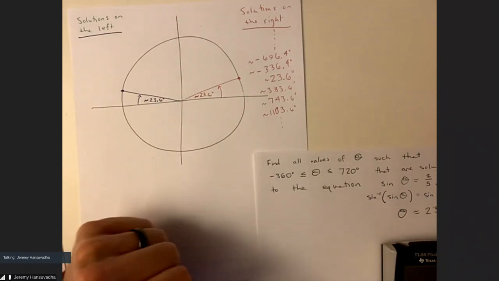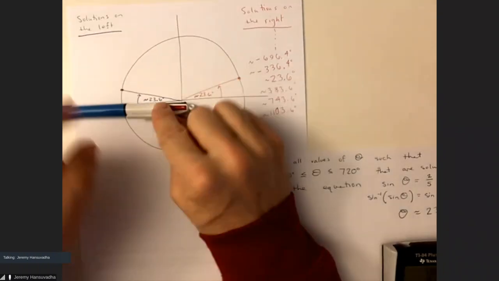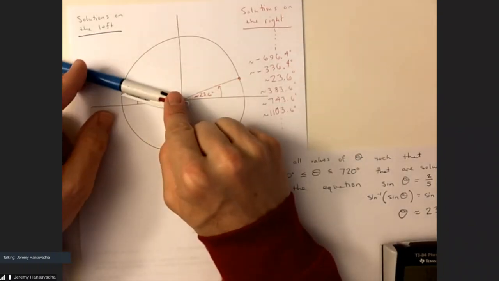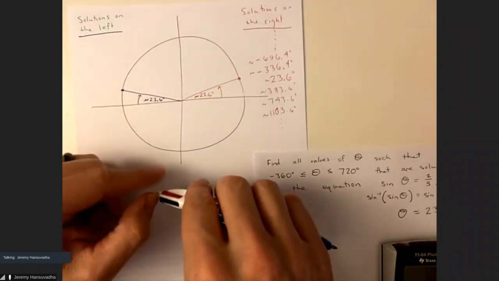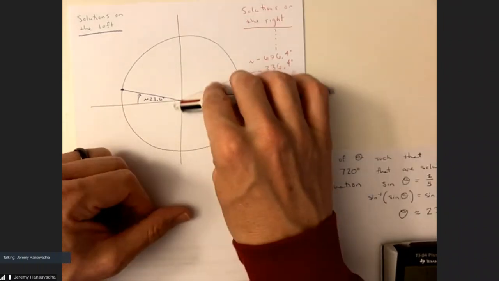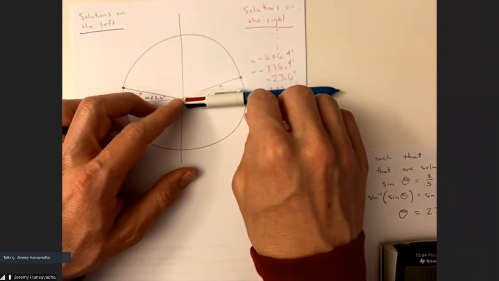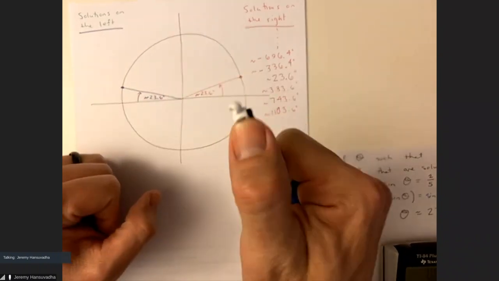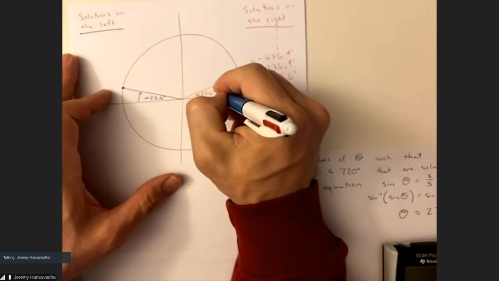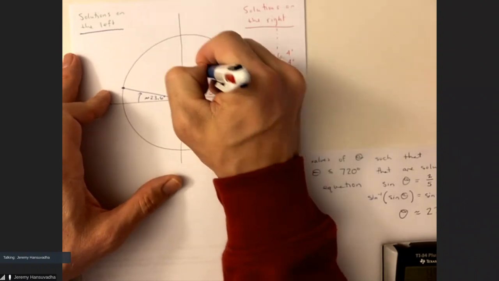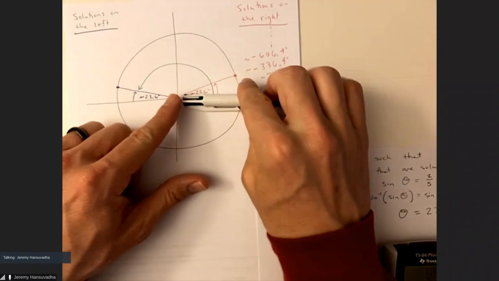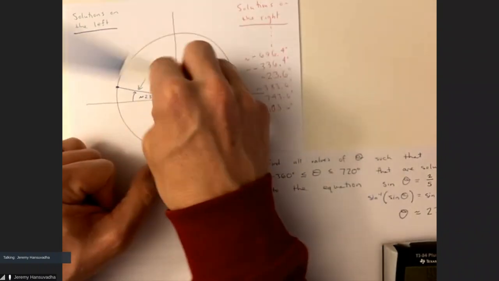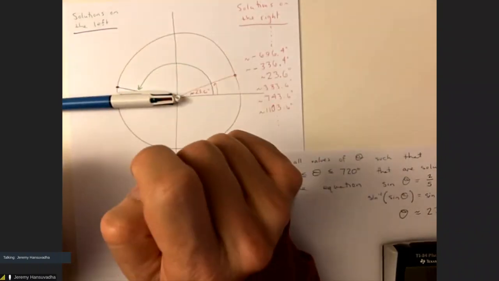above the x-axis. Now, this one, however, is clockwise, which is negative. When angles go clockwise, that means they're negative. So, what is the overall angle from here to here? Well, this is 90, 180. Oops, I went too far. How much too far did I go?